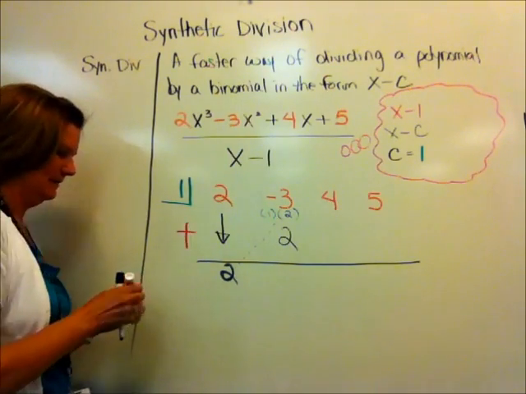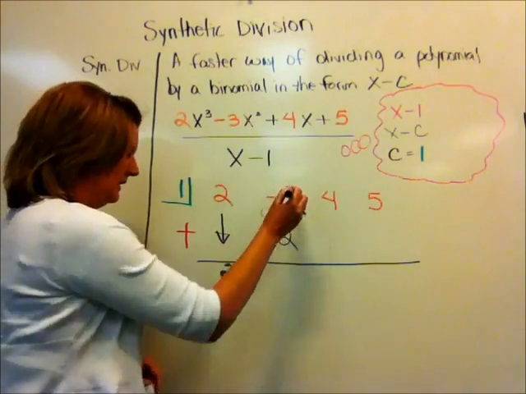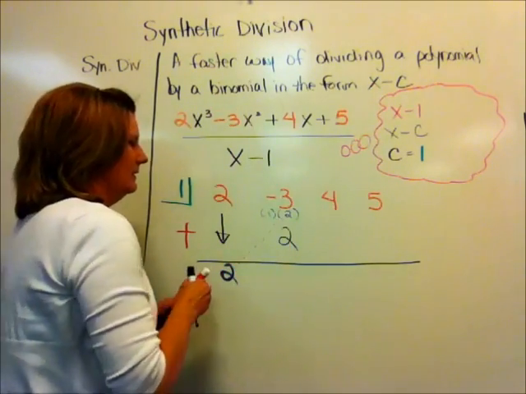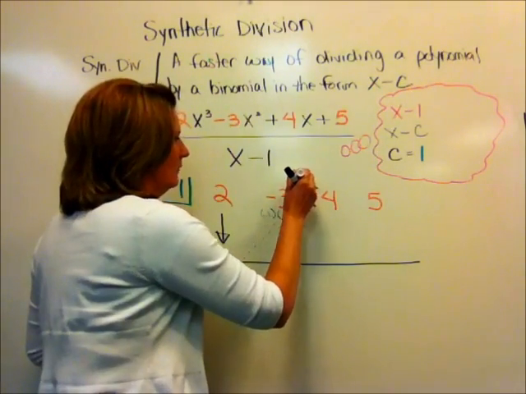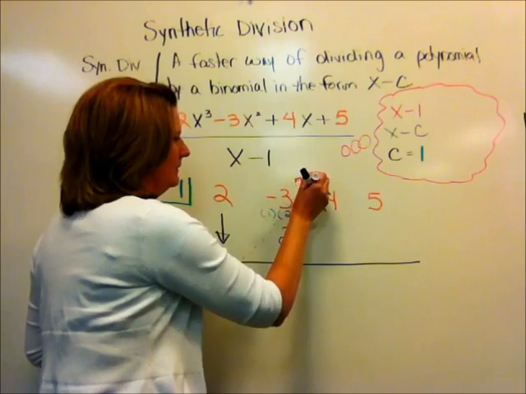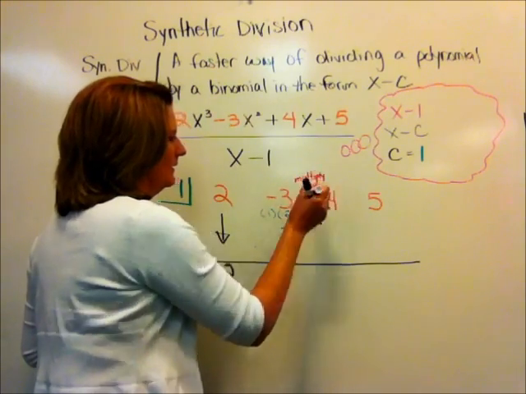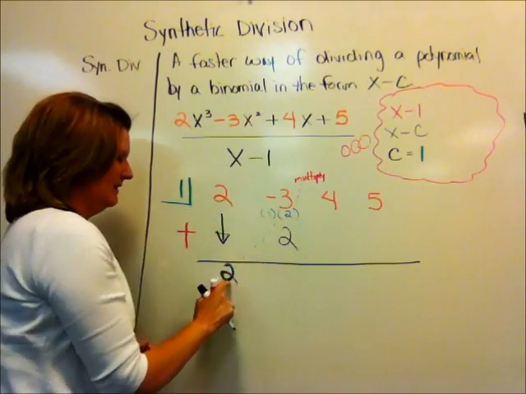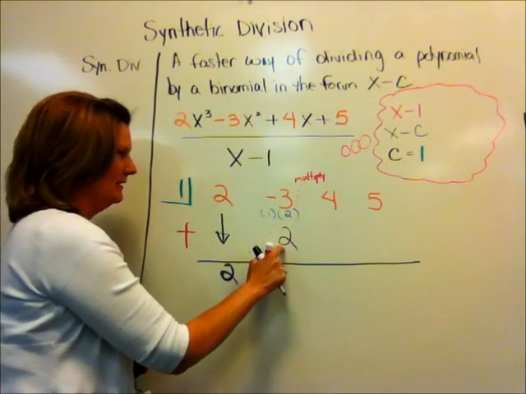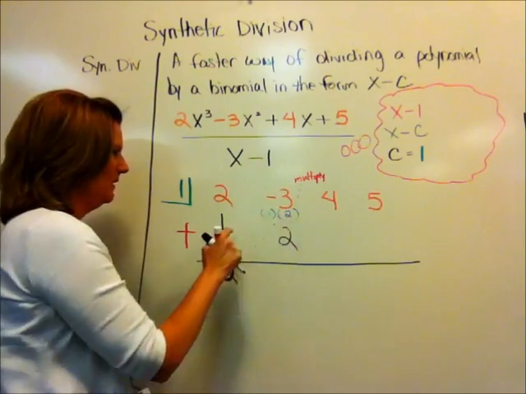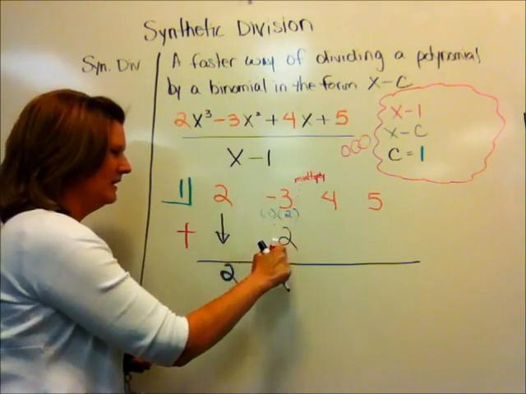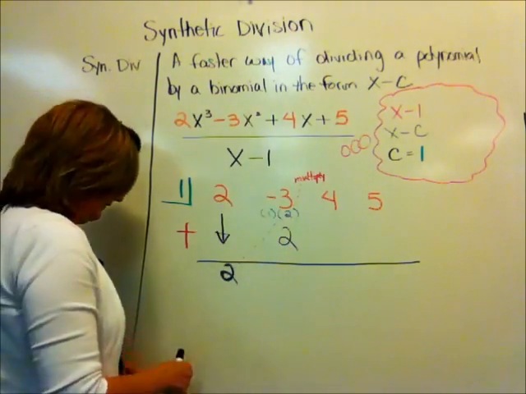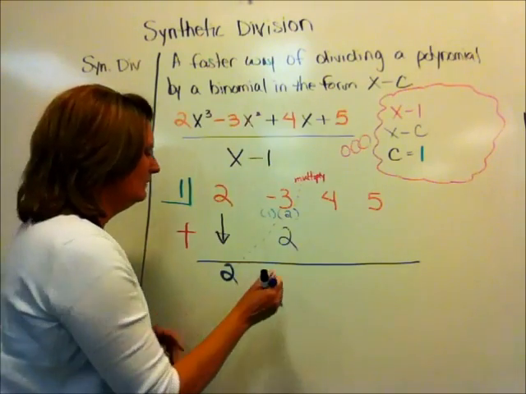So I'm multiplying here, these two, the green and the blue, the c and this resulting number, and you get this. We're multiplying here, but we're going to add down. So negative 3 plus 2 is negative 1.